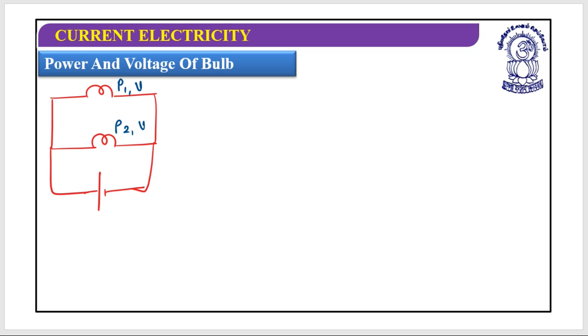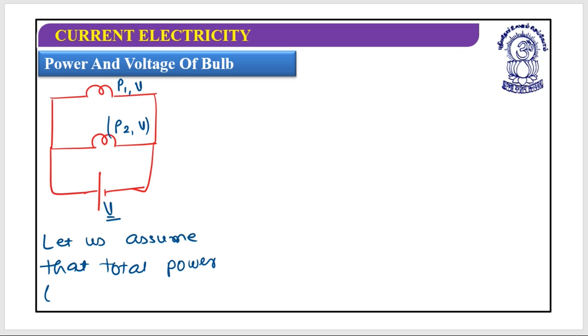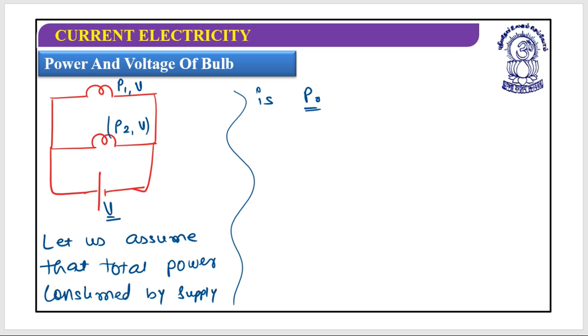This is P1 V, this is P2 V, and this is the supply V. Let us assume that the total power consumed by the supply is P. So this can be written as P equals V square by R, and from this R equals V square by P.